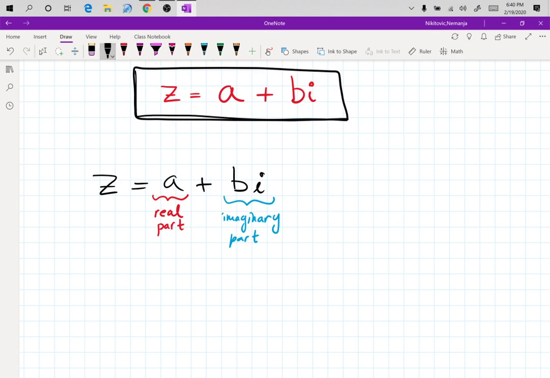So an example of a complex number would be z equals, let's say, 3 minus 2i.